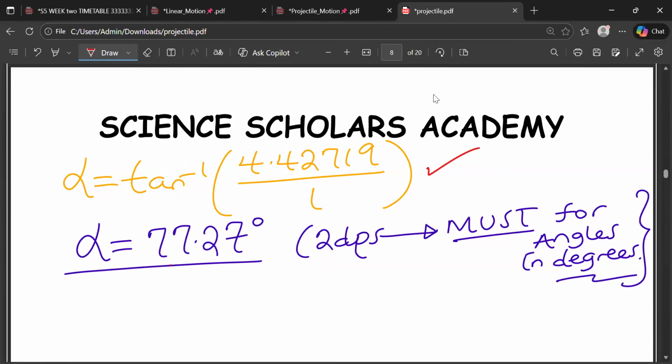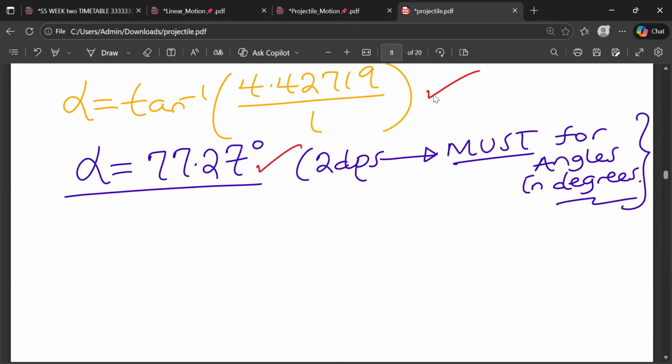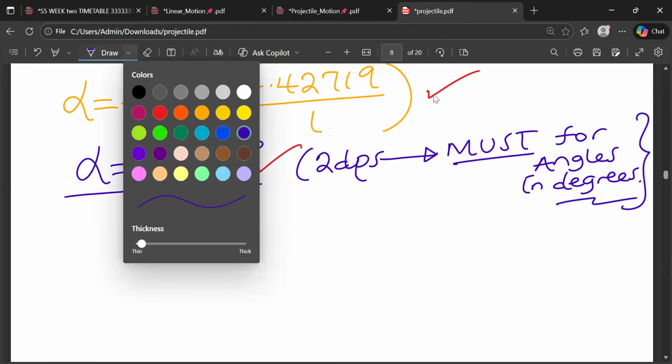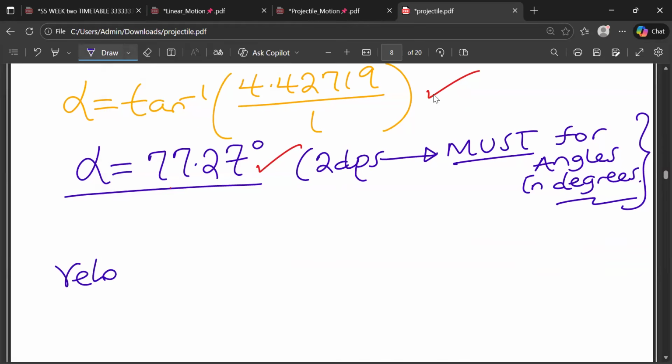But remember, you're supposed to conclude, yeah? Because that angle is with the horizontal. So how do you conclude? You talk about the velocity and tell us that the velocity we have obtained, or you can even call it the resultant, to be more specific, is having a magnitude.